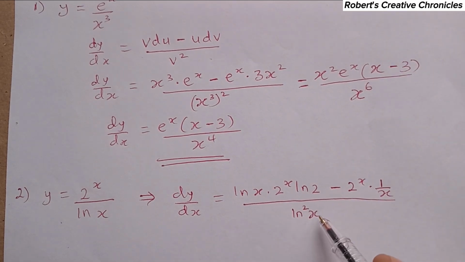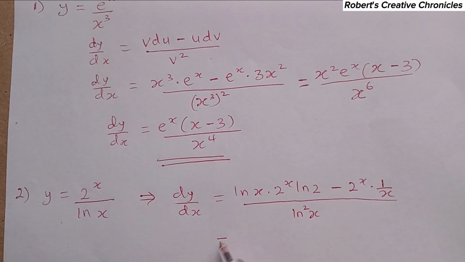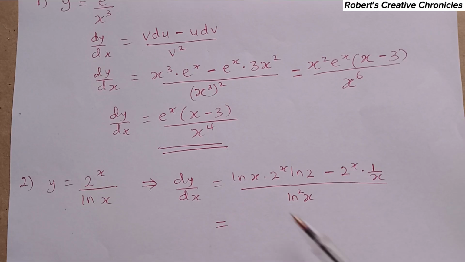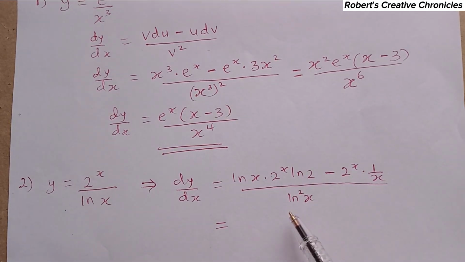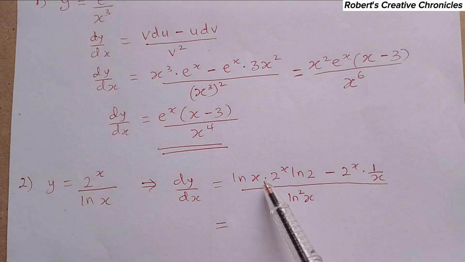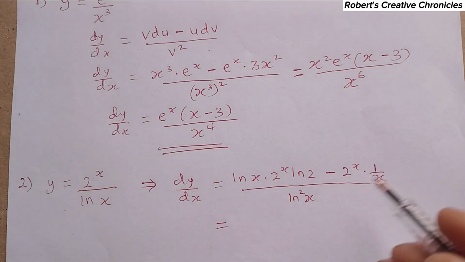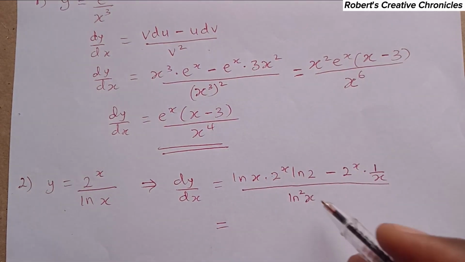This is the natural logarithm of x, so the square will come here. We can leave this like this after we factorize 2 raised to the power of x, or we can simplify it further, and say the LCM of the numerator is x.